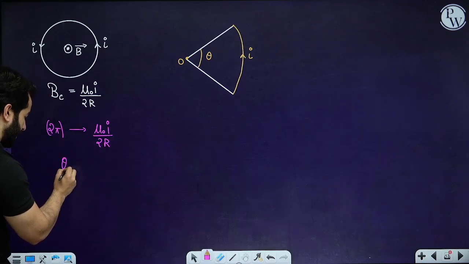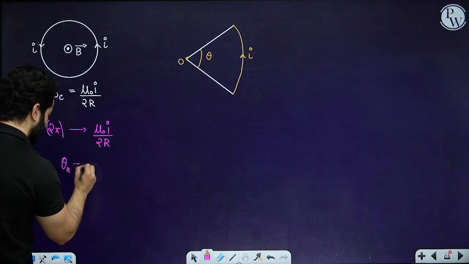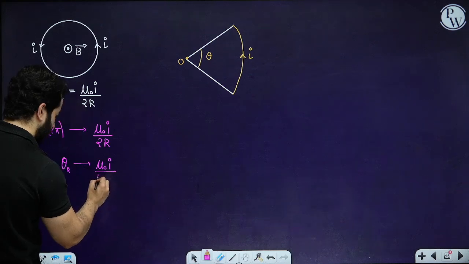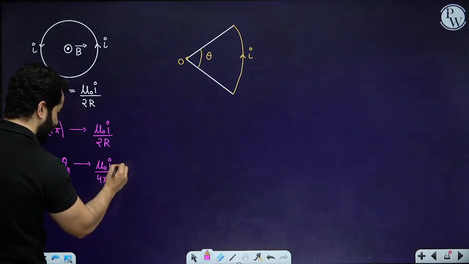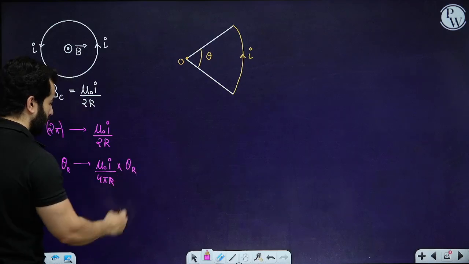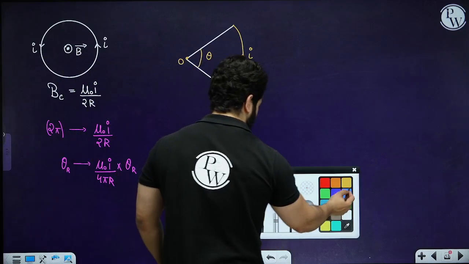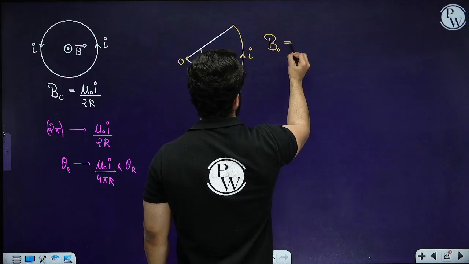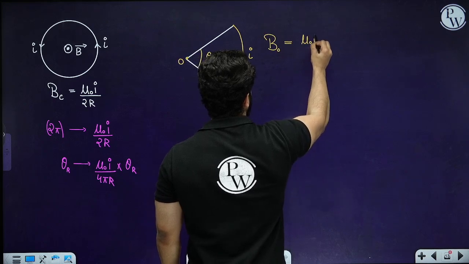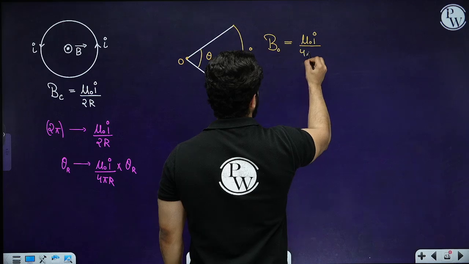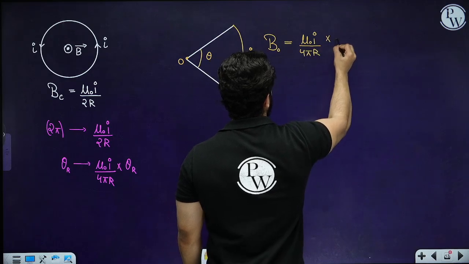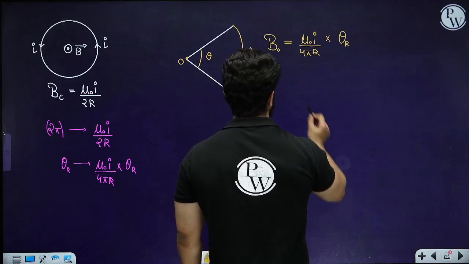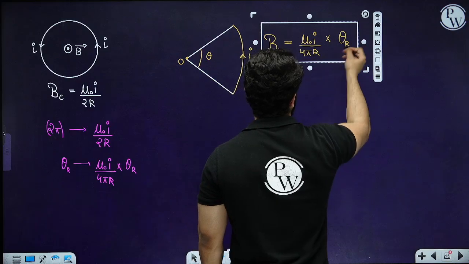So for theta radians, we'll simply have mu naught I upon 4 pi r multiplied by theta radians. So this is going to be the formula. The magnetic field at center due to this sector will be mu naught I upon 4 pi r multiplied by theta, and this should be in radians.